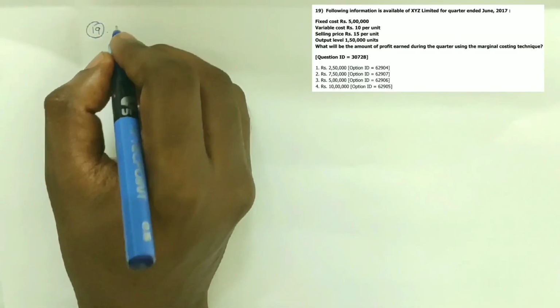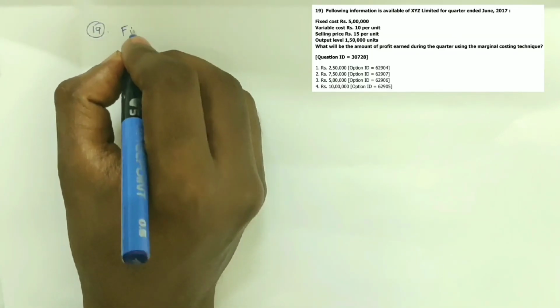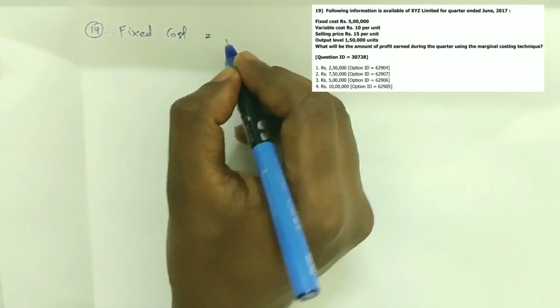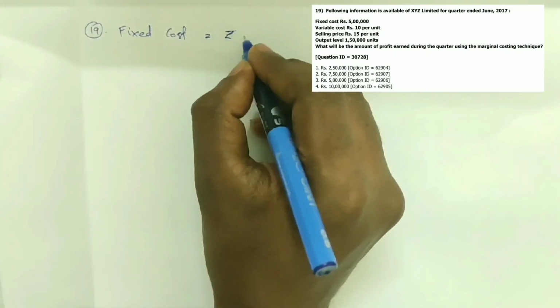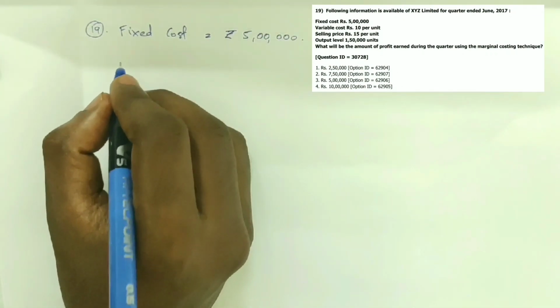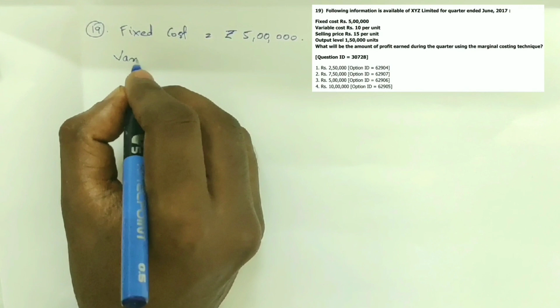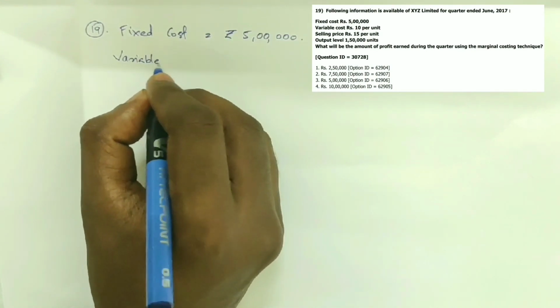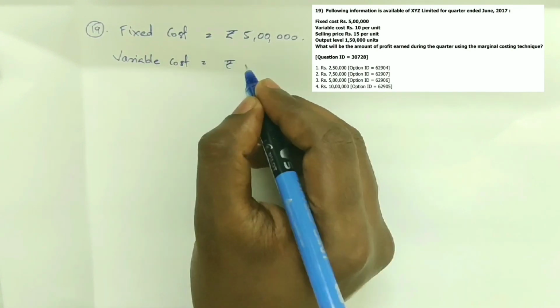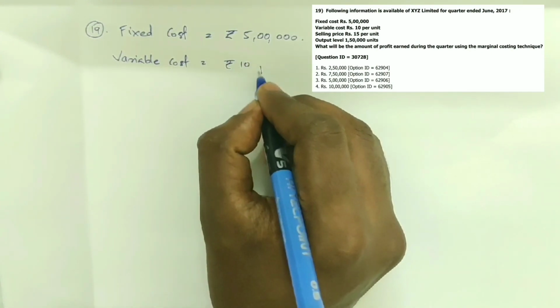Let's write down the values given in the question. Fixed cost is equal to rupees 5 lakh. Variable cost is equal to rupees 10 per unit.